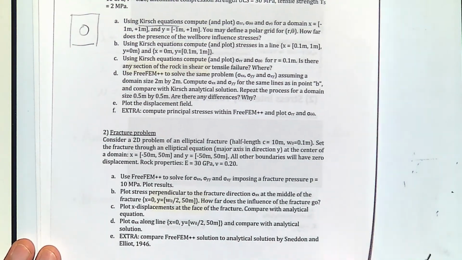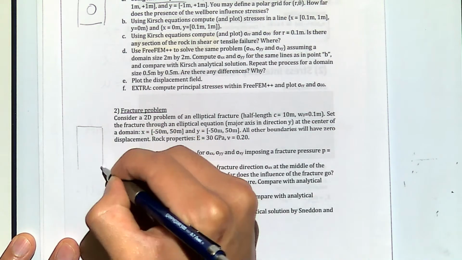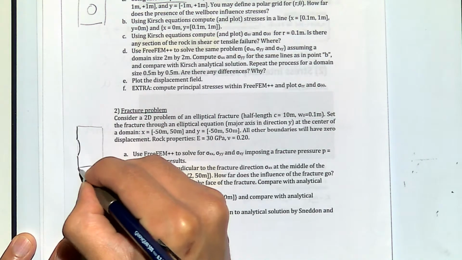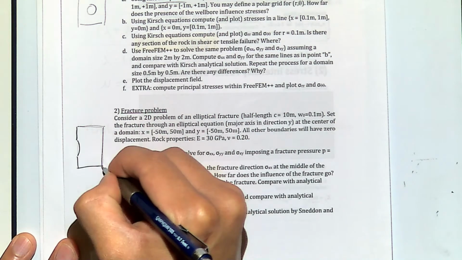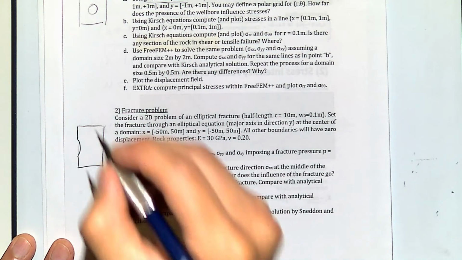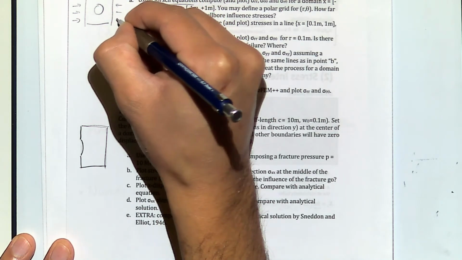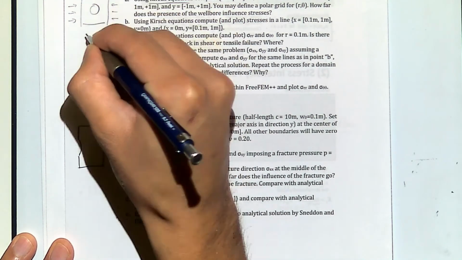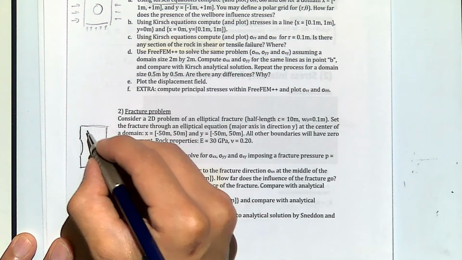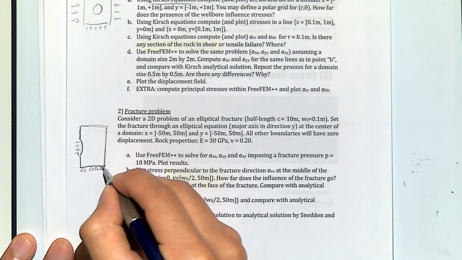And in problem number 2, I'll ask you to simulate a half domain as if you had a fracture in the middle and tell me what are the stresses around a fracture. So in the wellbore, you're going to put stresses outside. And in the fracture problem, you're going to put a pressure in the fracture, and you're not going to let the boundaries move.